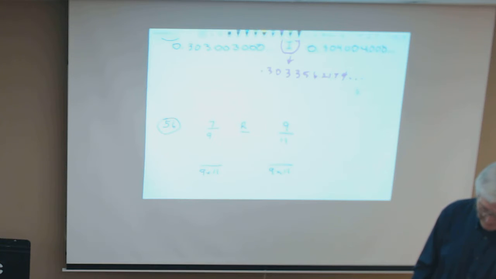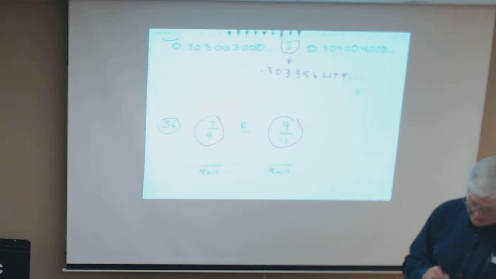A rational number between 7/9 and 9/11. Well, I go 9 times 11. So this is times 11, this is times 11, and I have 77 of these, and 9 times this, and 9 times this, and I have 81 of these.